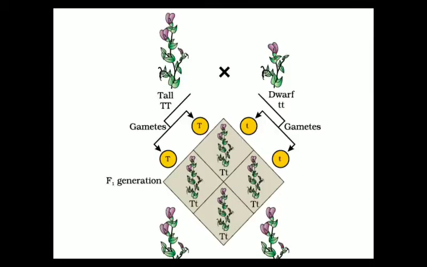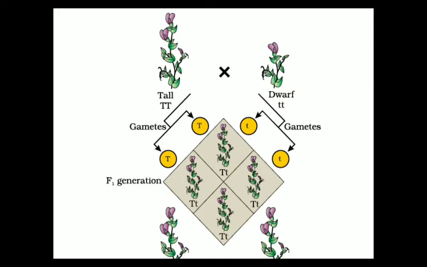In the law of segregation, any character is governed by one pair of genes, which is known as an allele. This law is also based on the monohybrid cross.